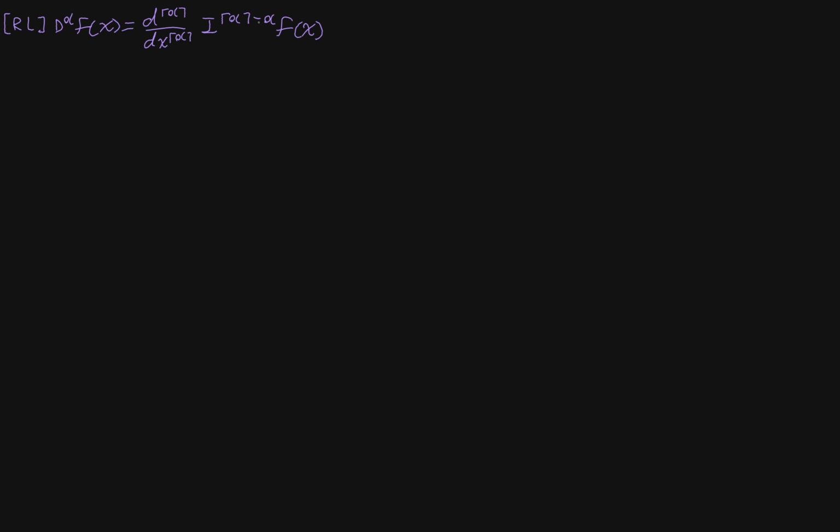So then it kind of cancels and gives us minus alpha, the fractional derivative. And then the other way, the Caputo definition, is just switching the order of differentiation and integration. So instead we're going to have I of ceil a minus a times the integer order derivative of the ceiling of a of f of x. So these are our definitions over here.